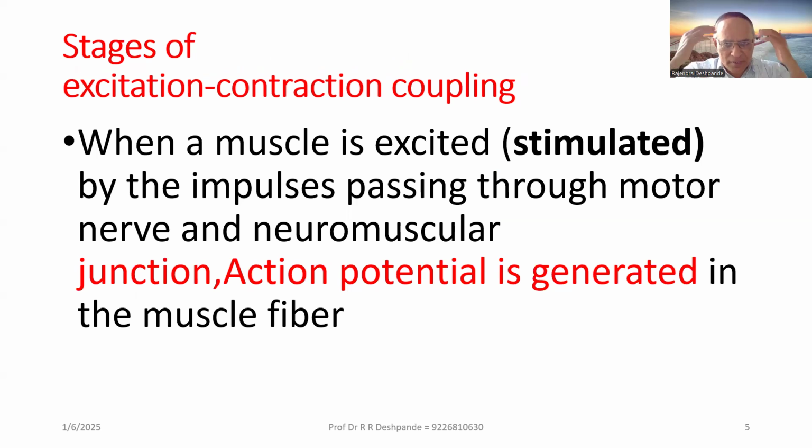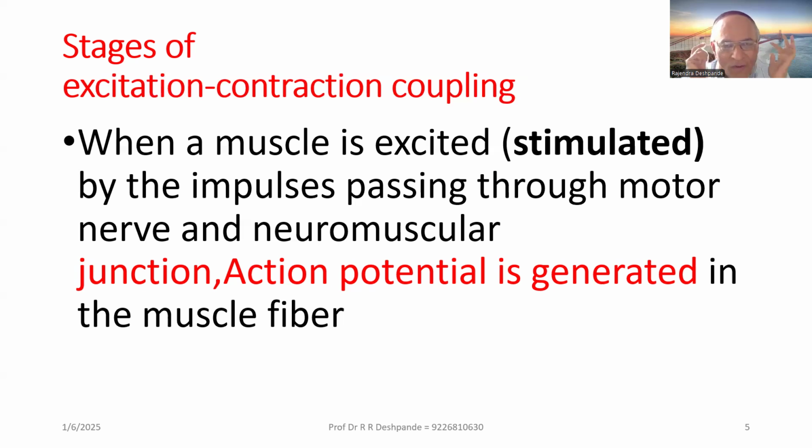For example, my forearm is getting the stimulus from the brain through the motor nerve. You must understand, from periphery to the brain, these are sensory signals. There are 5 pathways. Optic pathway from the eyes to the brain.